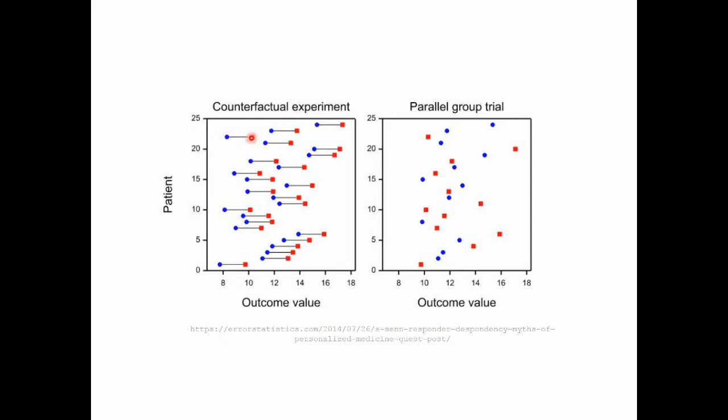This is their value if they're in the active group. And you can see for every single person in this hypothetical world that being treated with red will increase the outcome value. So the counterfactual here, which we can never directly observe, is that the red is better for everybody, not even on average, for everybody. However, in a real clinical trial, we obviously don't see both red and blue. We can only see one for each patient.